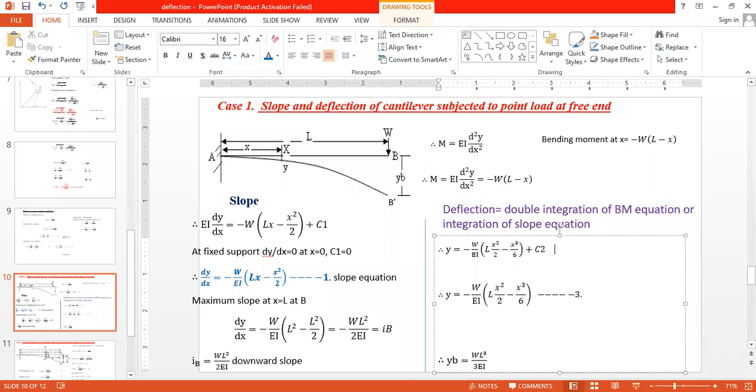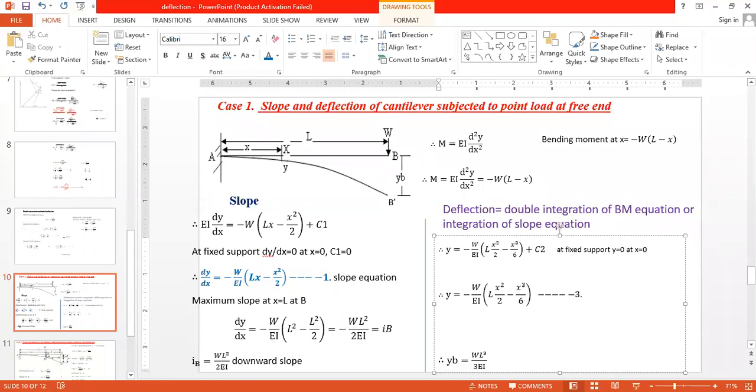At fixed support, y is equal to 0. Fixed support means at x is equal to 0.